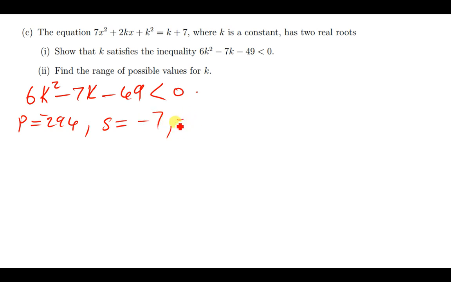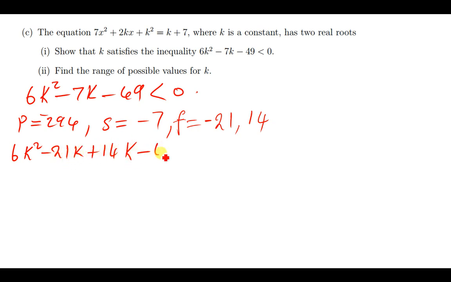The factors are simply negative 21 and 14. When you add these two, you get negative 7, and when you multiply them, you get negative 294. Let us replace them there. So we have 6k squared, negative 21k, positive 14k, then negative 49 less than 0.